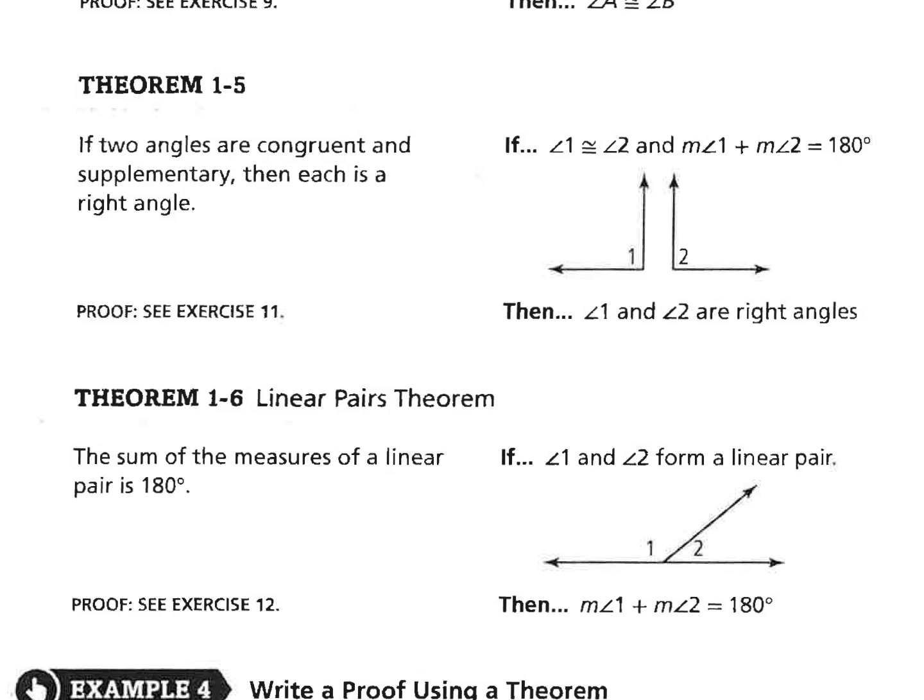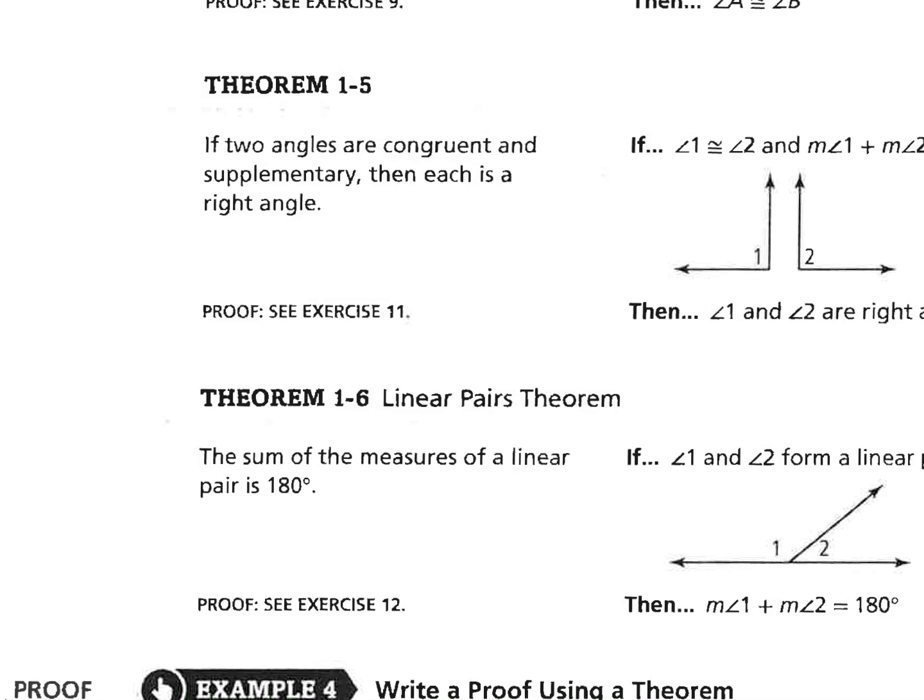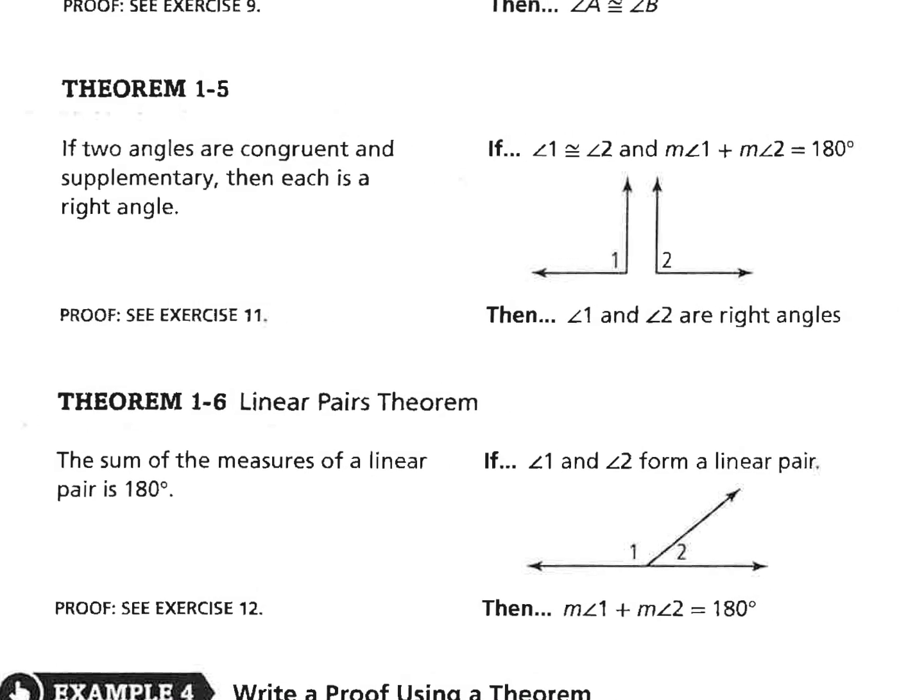If two angles are congruent and supplementary, then they're both 90, because if they're equal to each other and have to equal 180, since that's what supplementary means, then these would both have to be 90 plus 90, which means they're both right angles, okay?